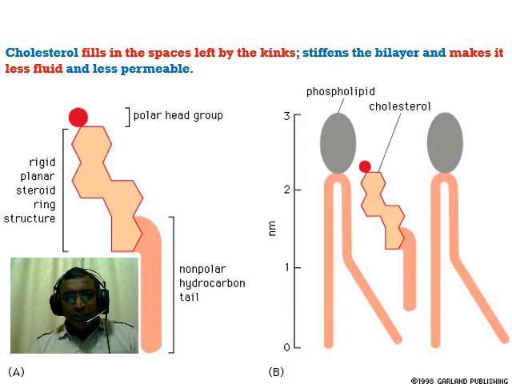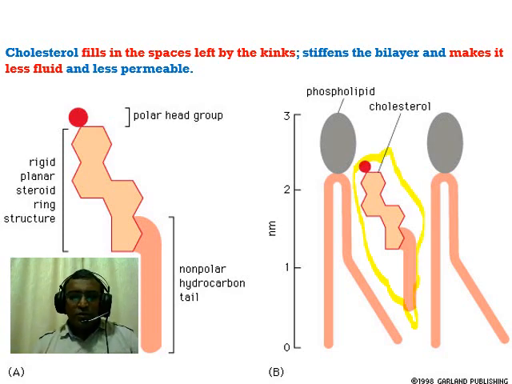Here you can see the cholesterol that has been put in order to restrain the movement of two hydrocarbon chains. So this is how fluidity is controlled with the assistance of the cholesterol molecule.